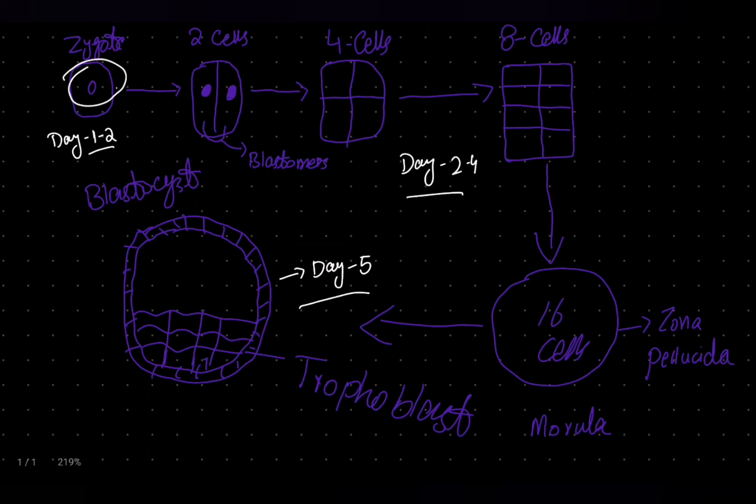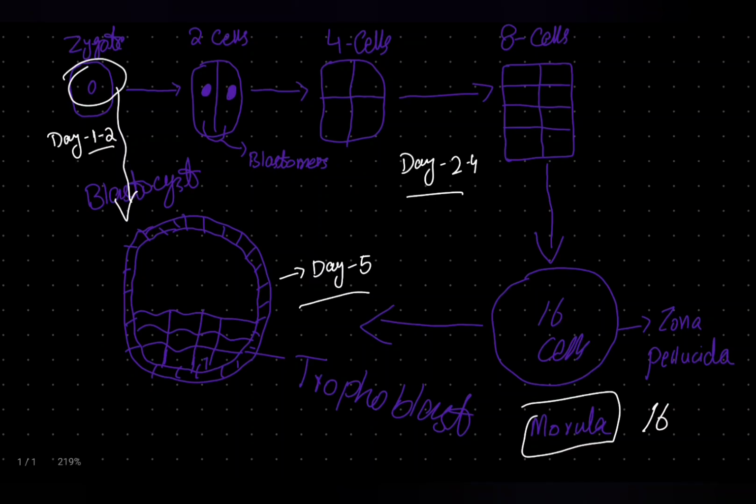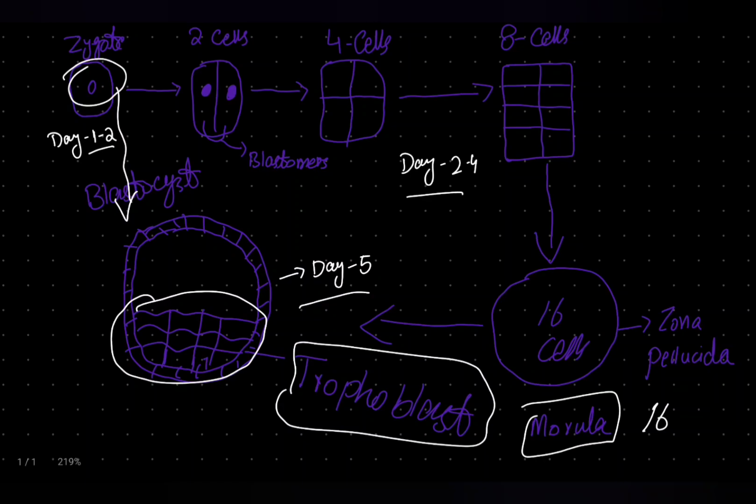The zygote was converted to trophoblast by going through the morula, which is the 16-cell stage. When the trophoblast is formed, the structure inside the trophoblast is called the embryoblast.